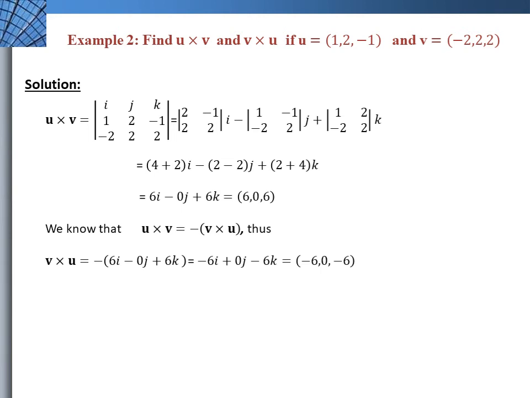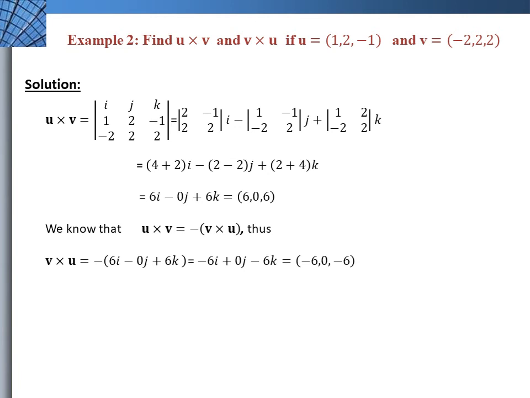So it is (4 plus 2) into i, minus (2 minus 2) j, plus (2 plus 4) k. We can simplify this easily: 4 plus 2 is 6i, minus 0j, plus 2 plus 4 is 6k, and it can be written as 6, 0, 6.